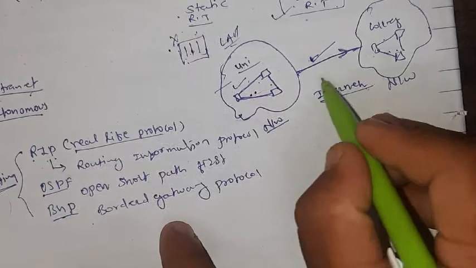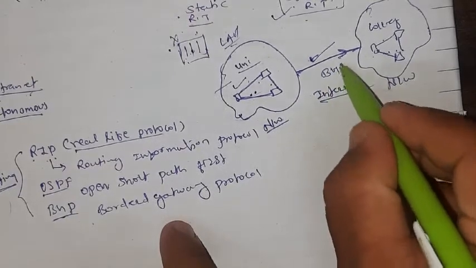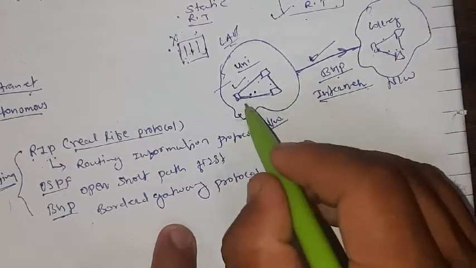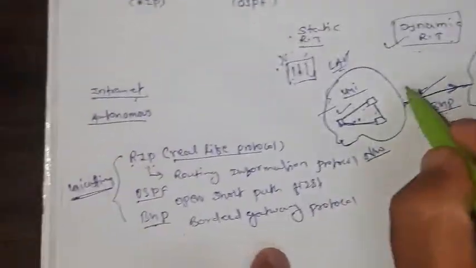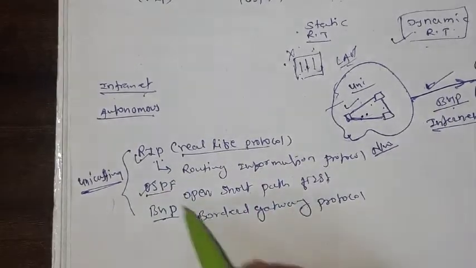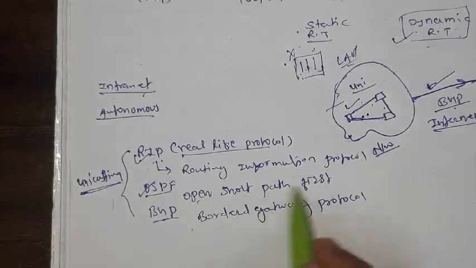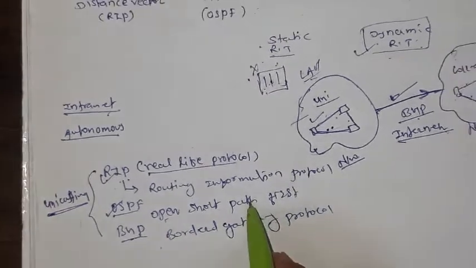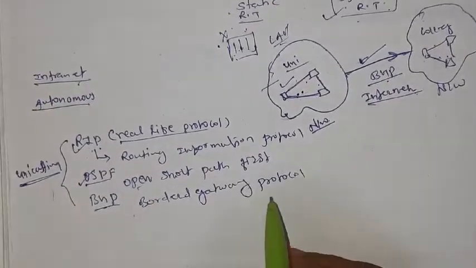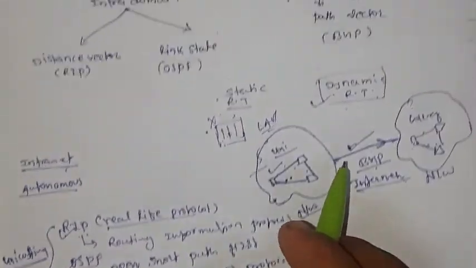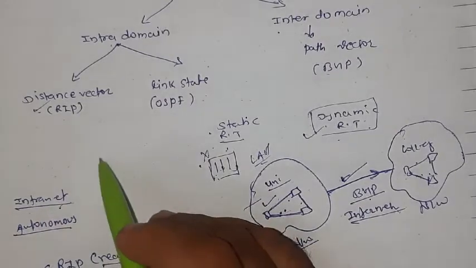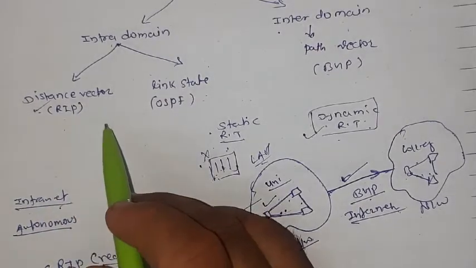In interdomain, BGP, border gateway protocol, is used, and inside the autonomous system we use RIP, routing information protocol, and another one, OSPF, open shortest path first. In our next lecture we'll see distance vector routing in detail, that is RIP, routing information protocol.